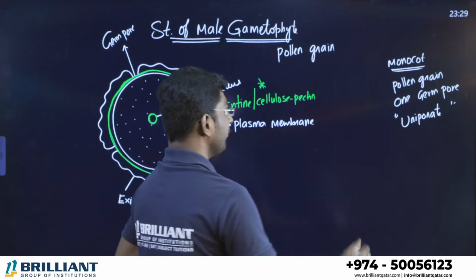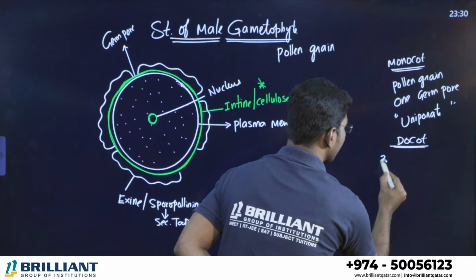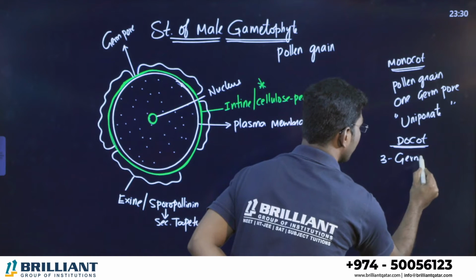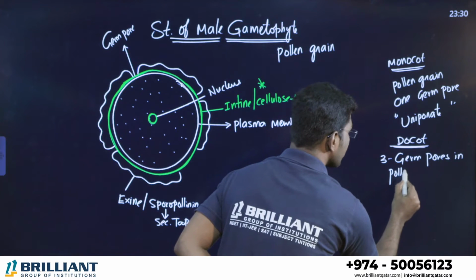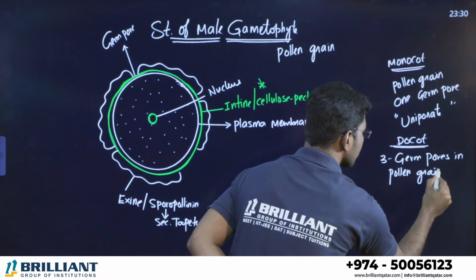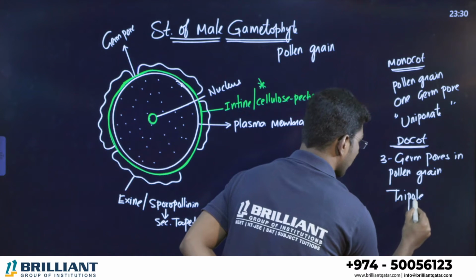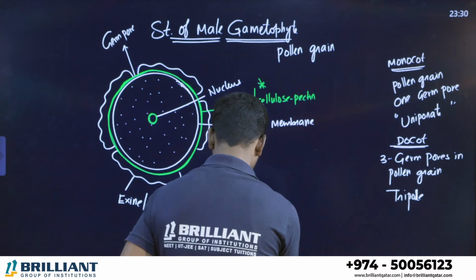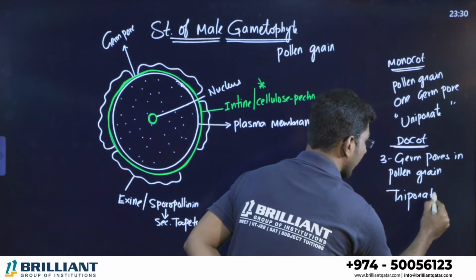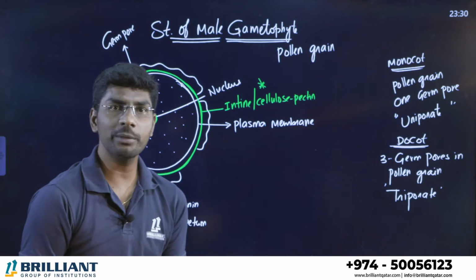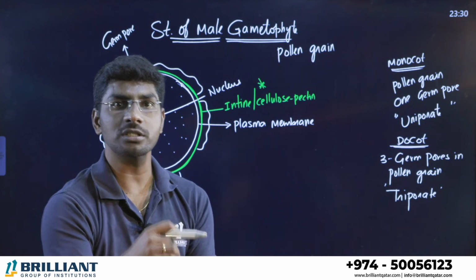In the case of dicots, three germ pores are there in the pollen grain. Such a pollen grain is called triporate. Keep in your mind, uniporate and triporate. In the MCQ examination they will ask uniporate, biporate, triporate. So monocots are uniporate, dicots are triporate.